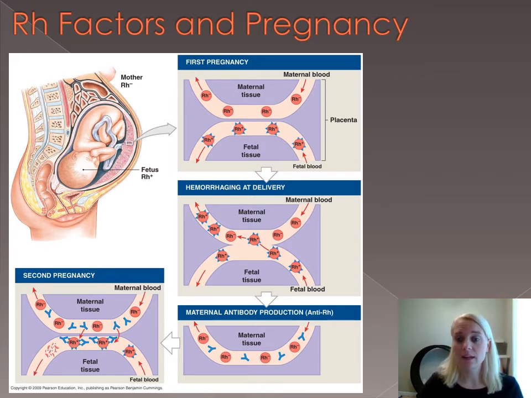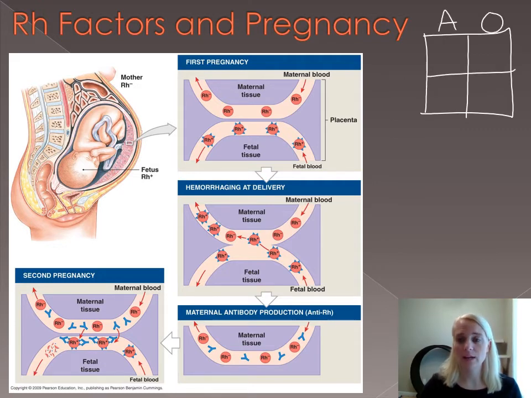So because this is a genetic thing, let's say we have a mom that has AO genotype, so she's heterozygous, and both of her alleles are negative, so she has no Rh factor, but she mates with a man that is also heterozygous. Let's make him homozygous A, and also homozygous Rh positive.